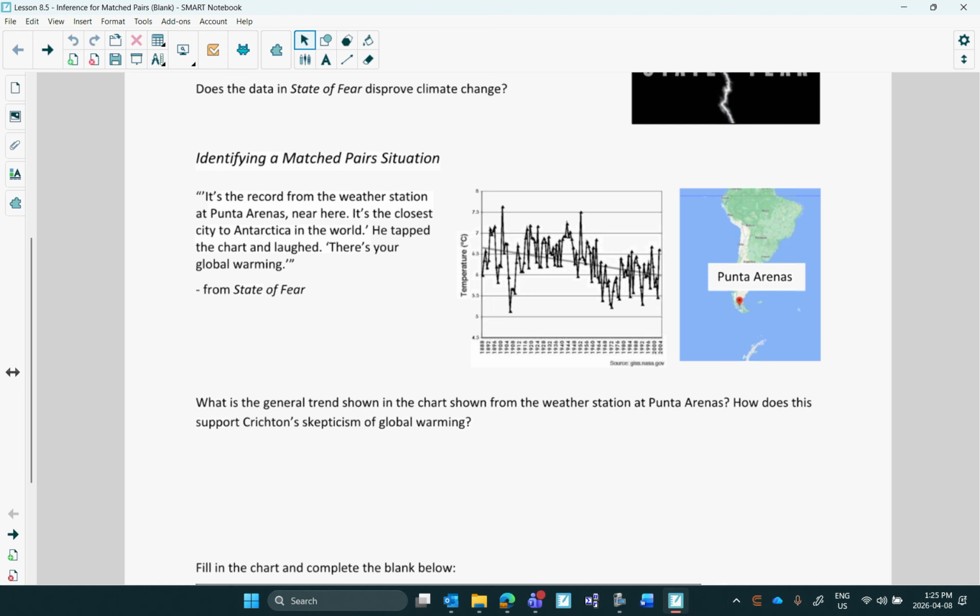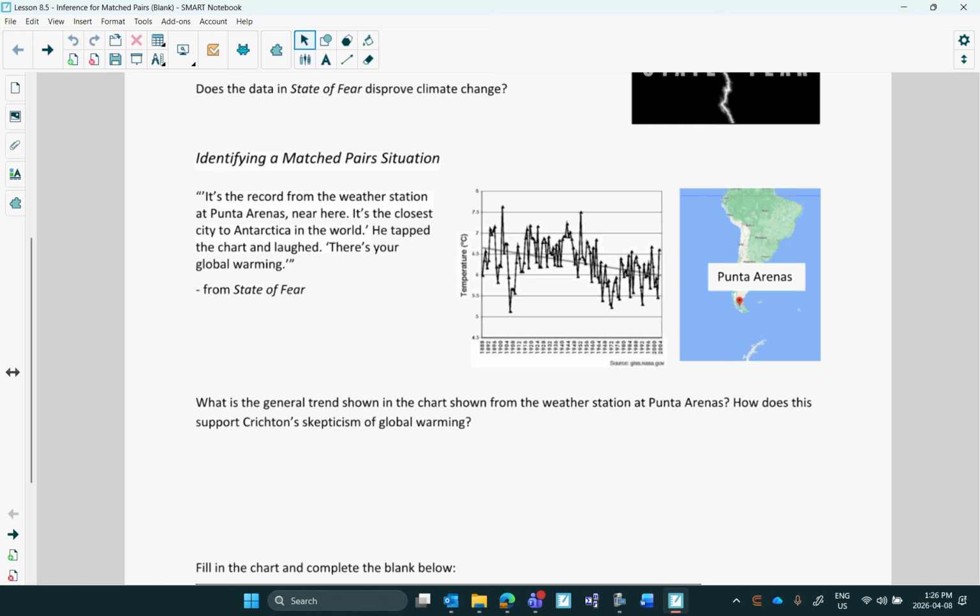What they did in the book, and this is a quote, they were just talking about a place on Earth and a weather station there. "So it's the record from the weather station at Punta Arenas near here. It's the closest city to Antarctica in the world." He tapped the chart and laughed. "There's your global warming." From, I think it was 50, no, it can't be 50 years.